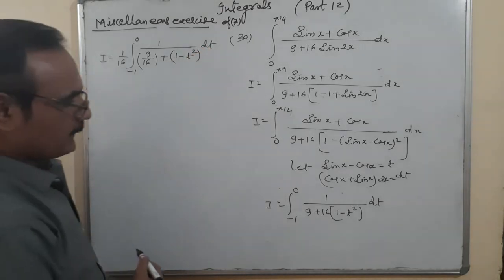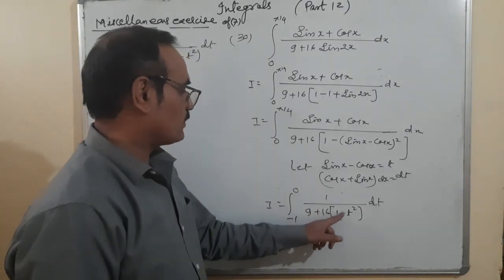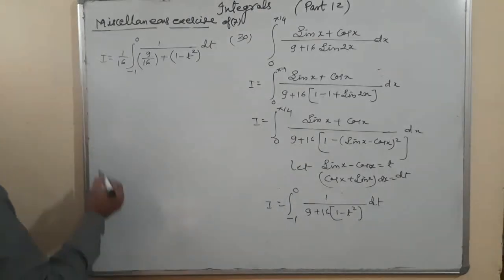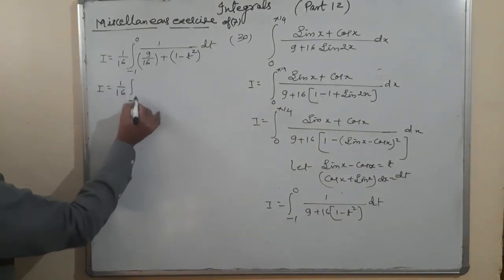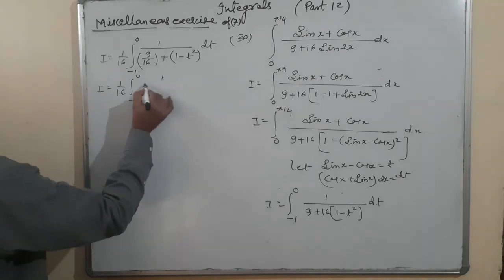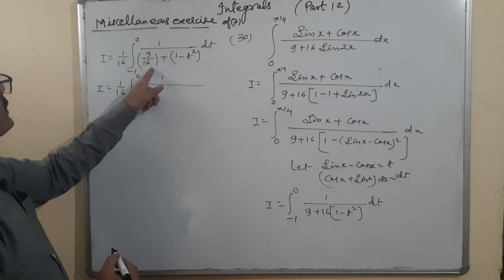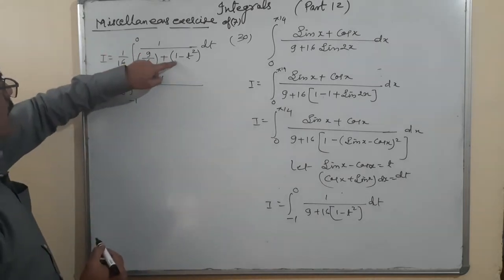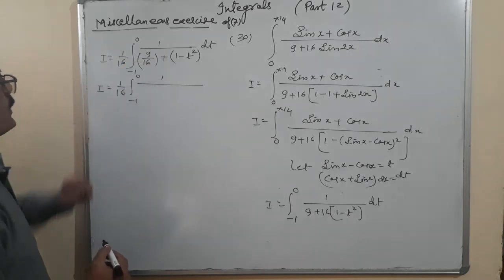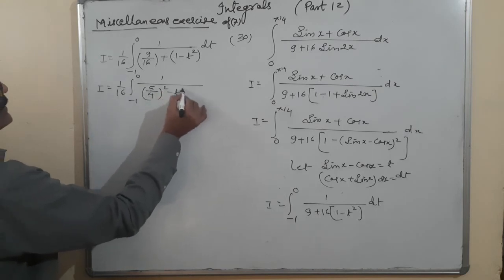Okay, 16 common, 9 upon 16 plus 1 minus t square. I is equal to 1 upon 16, minus 1 to 0, 1 upon 9 upon 16 plus 1. Taking LCM, 9 plus 16 is 25 upon 16. So I'll write here (5 upon 4) whole square minus t square, dt.